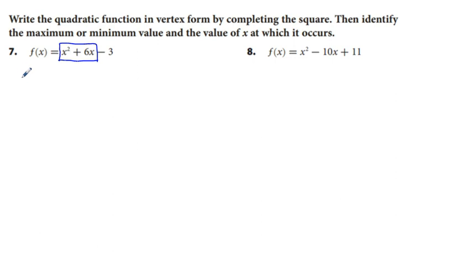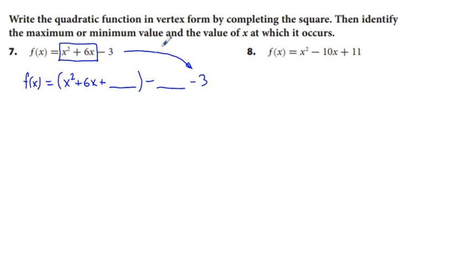And to do that, put f of x equals, we're going to put in parentheses here, x squared plus 6x plus what we need to complete that square. And then outside, we're going to subtract that same amount that we find inside. And at the very end, we're going to bring that -3 down here.